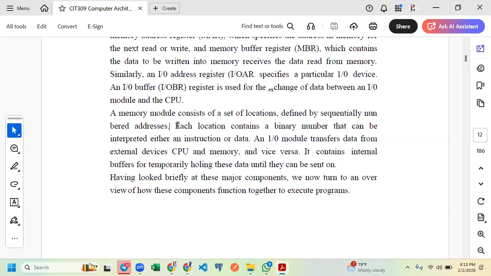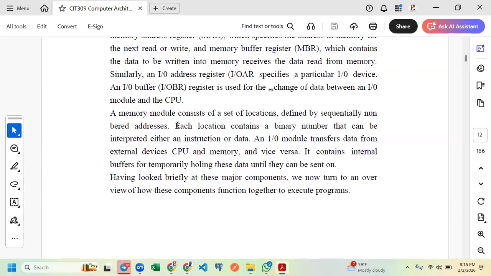So far so good. We've talked about the full meaning of some abbreviations like the MAR, memory address register, the MBR, memory buffer register, the IOAR, input output address register, and the IOBR, input output buffer register.